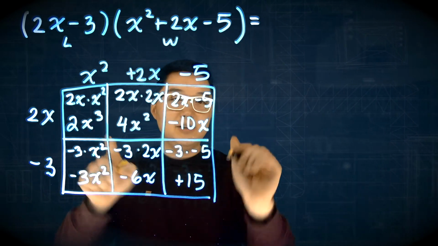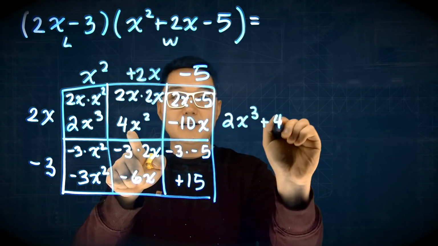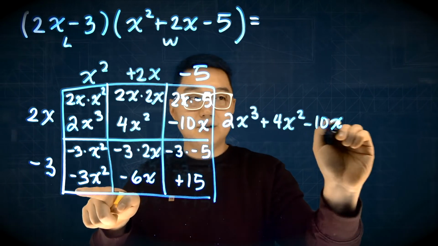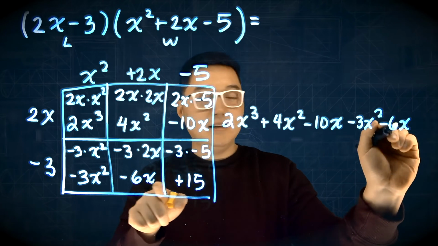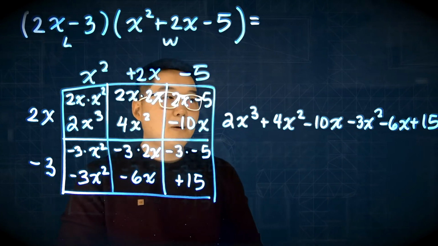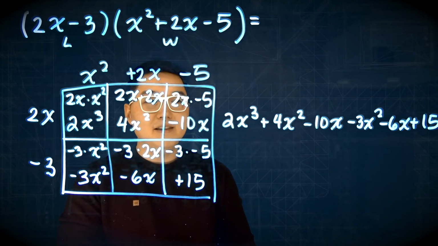We have 2x to the third power plus 4x squared minus 10x. But don't forget the minus 3x squared, the minus 6x, and the plus 15. So when we put them all together, what do we have? Is there something that we can combine?